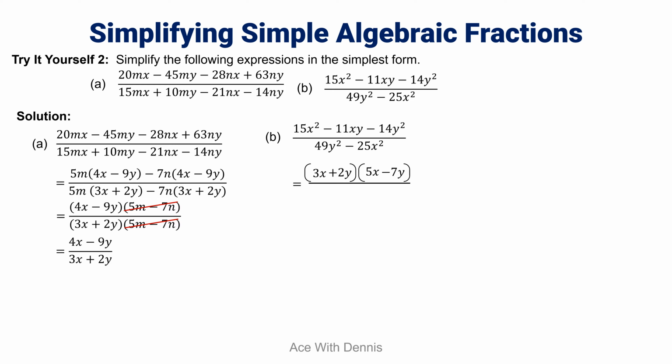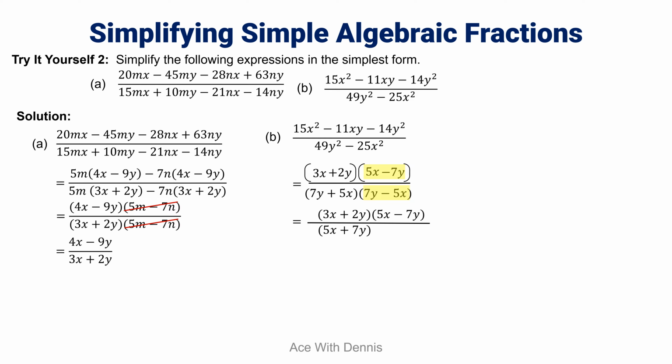And for the denominator, it is in the form of a squared minus b squared. Hence, when we factorize, we'll get 7y plus 5x times 7y minus 5x. So we can see that 5x minus 7y and 7y minus 5x are mirrors. So we can write this whole expression as: the denominator is 5x plus 7y, and the numerator is the same, 3x plus 2y times 5x minus 7y.